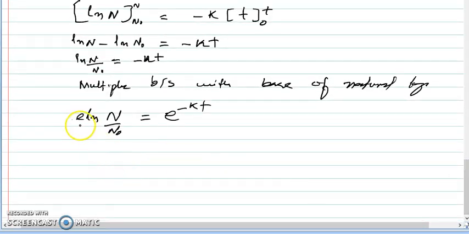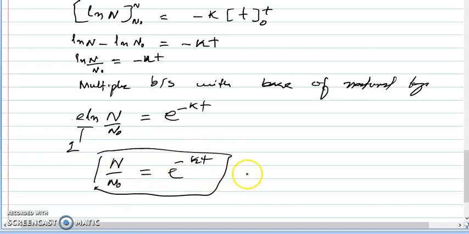But e raised to ln is equivalent to 1, so we can write N divided by N naught is equivalent to e raised to the power minus kt. So we have derived this from first order reaction. Let us designate this as equation second.